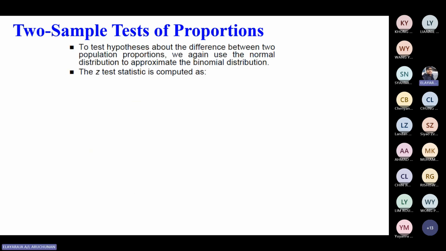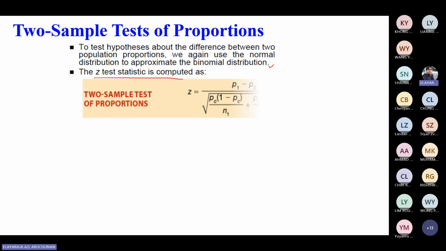To test the hypothesis about the difference between two population proportions, again use the normal distribution to approximate the binomial distribution, and then use the z statistic to compute.